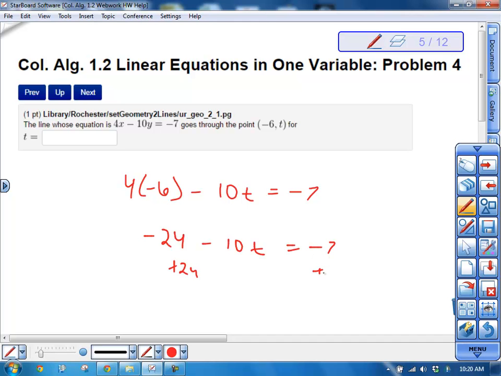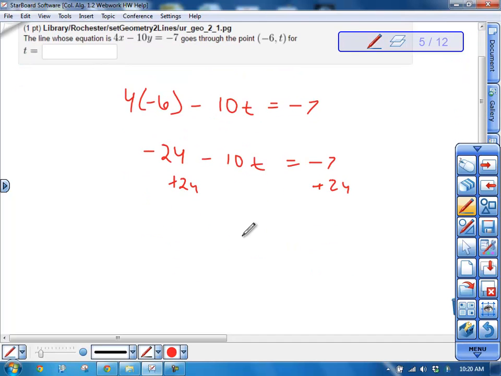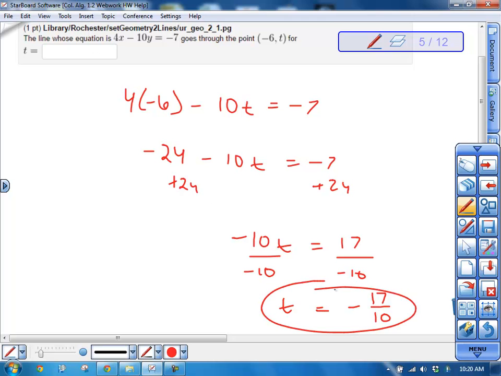Add 24 to both sides. And we get negative 10t equals 17. Divide both sides by negative 10. And you get t equals negative 17 over 10. And we can enter that in, just like that.